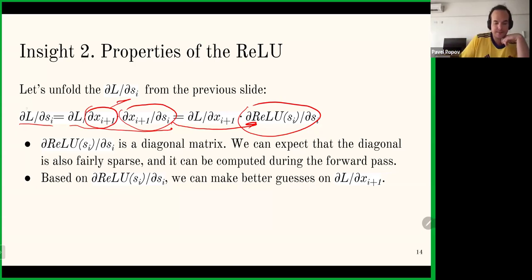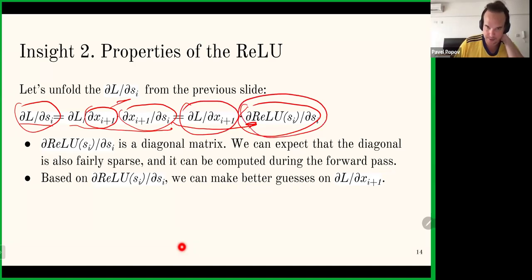What did we achieve here? We had this term with n components, and we ended with this one, which also has n components, and this diagonal matrix. Since this matrix is sparse, if we uncouple the first term into this form, we can again make n guesses on this.